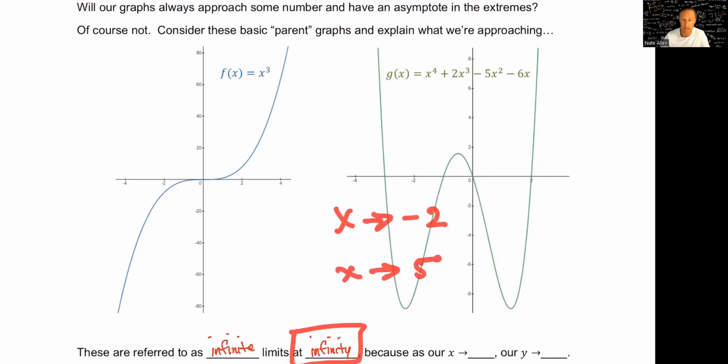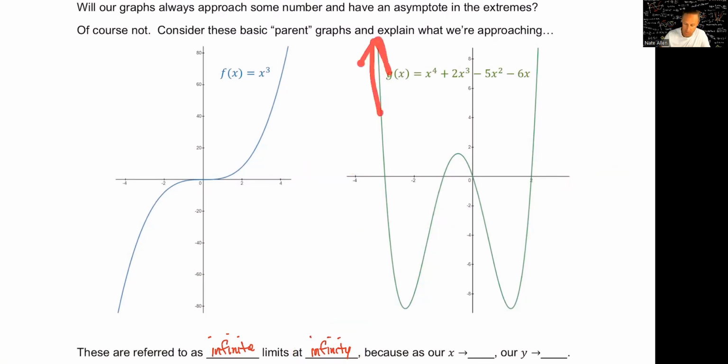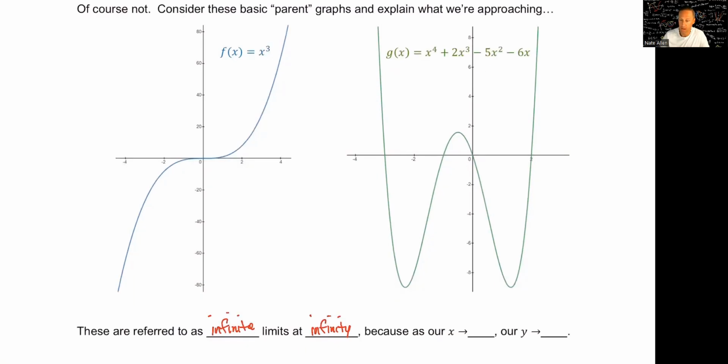We're trying to find that limit at 5 or at -2. Well, now it's at infinity or negative infinity. And if it just shoots up or down in that direction, then it will be what is called an infinite limit as we approach infinity. So that's a lot of words. It's easier to just show you what we mean. As our x approaches positive or negative infinity, our y will approach positive or negative infinity.